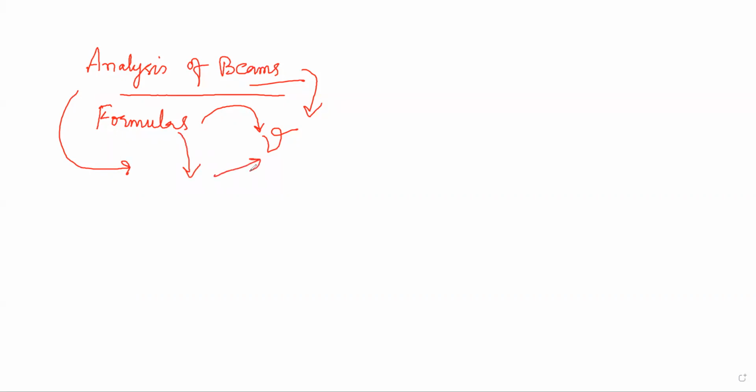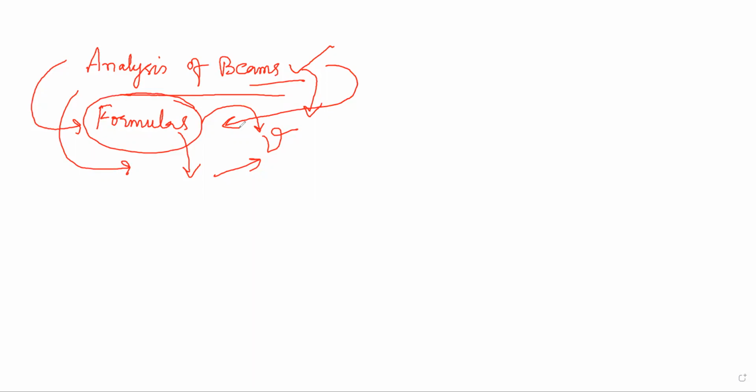Another is that those formulas will be used on different sets of beams to obtain the values of the deflection. Now, before I do the analysis of the beams, I will go to the formulas that we obtain once we do the analysis on the beam. My approach in teaching the deflection of beams will be an indirect approach. The logical way is first doing the analysis of the beams, then obtaining the formulas and applying them on different sets of beams.